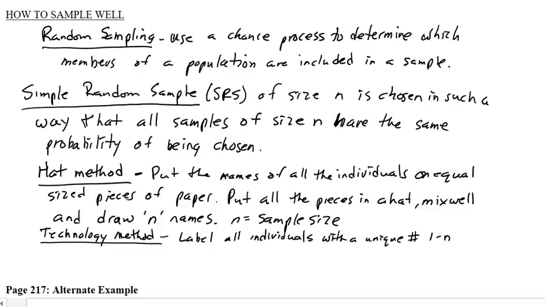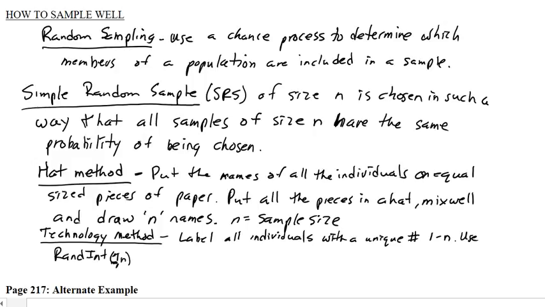Use randint or any random number generator, but this is the one on the TI-84. 1 comma n. So it starts at 1 and it goes to n.